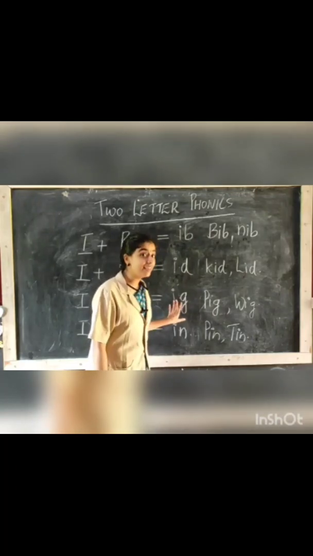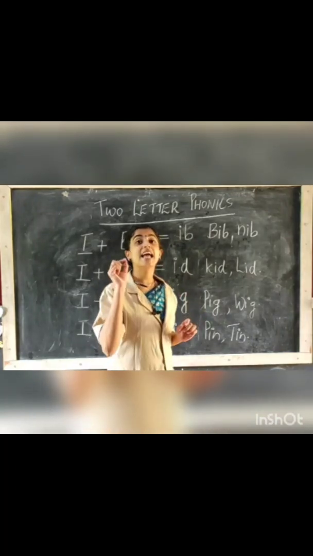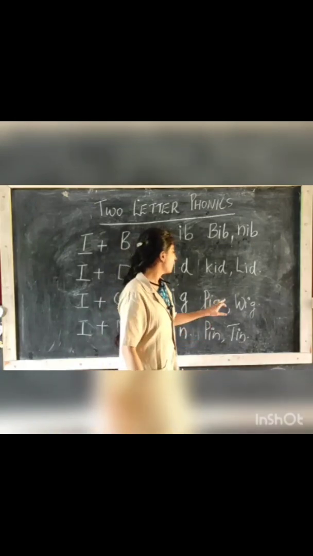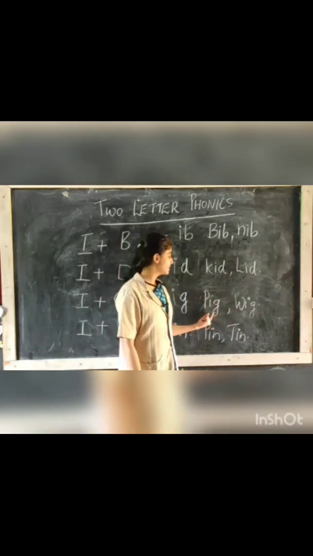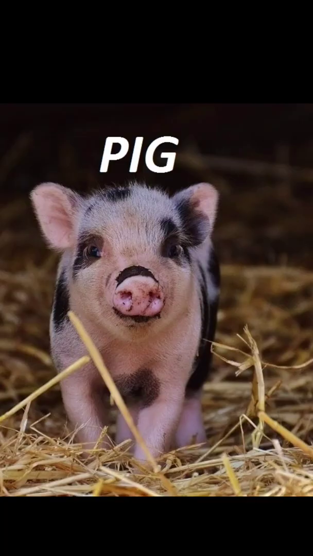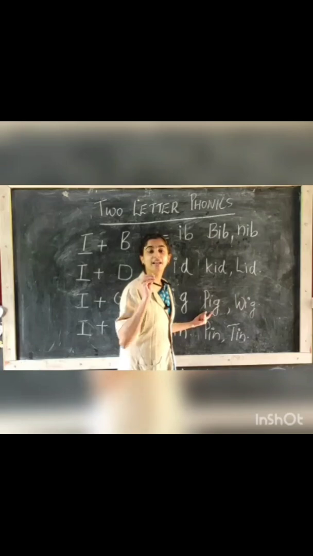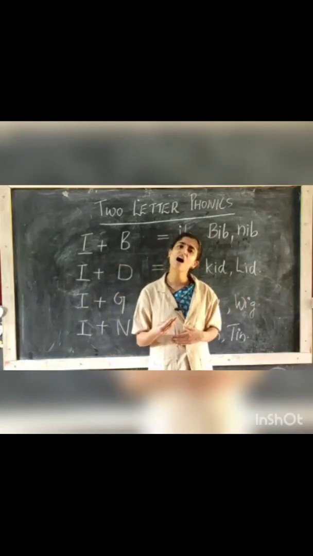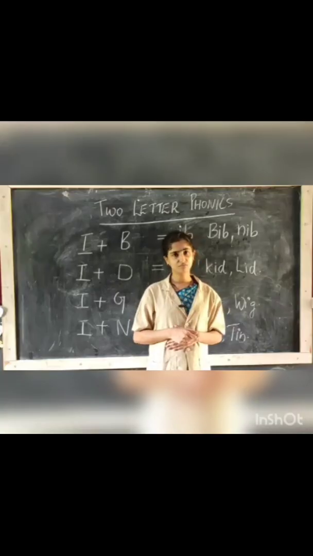When we use it together, it sounds ig. What is it? Ig. Now, what is the example? The first one is pig. What is it? Pig. Now, how can we make it in a sentence? The pig is hungry. How to say?